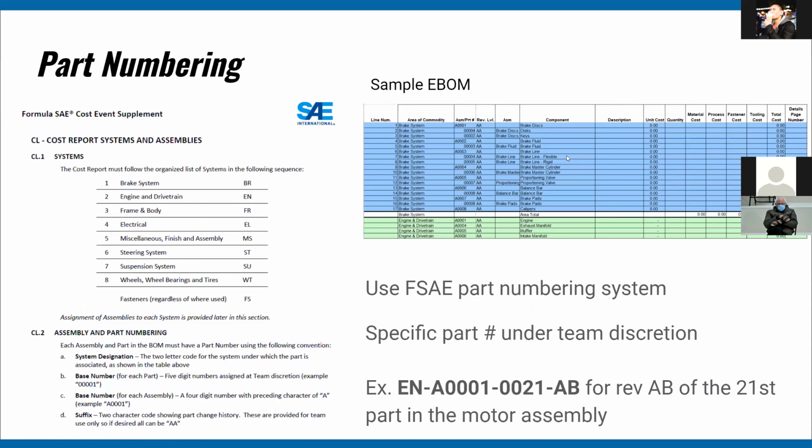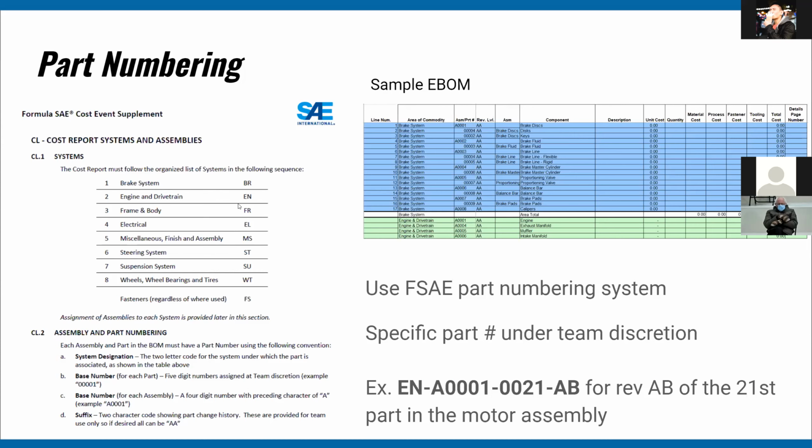So that being said, part numbering. This is basically mandated by Formula SAE off their EBOM, which is the engineering bill of materials. They give you a pretty well thought out part numbering system. You have your brake system, engine, drivetrain, and whatnot.